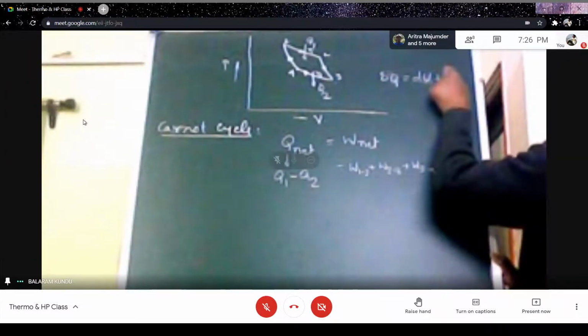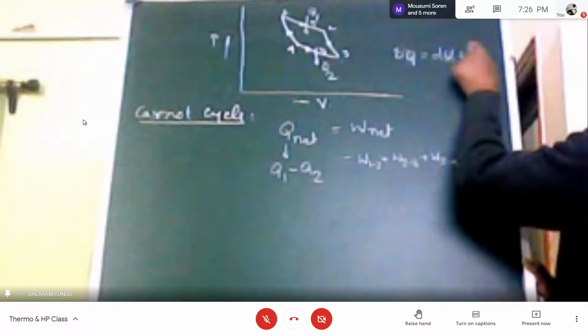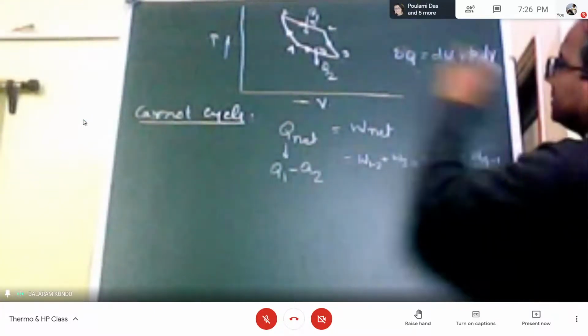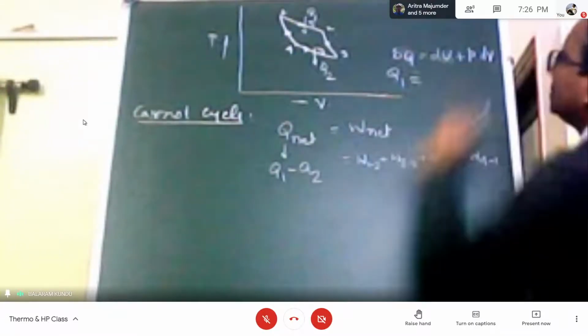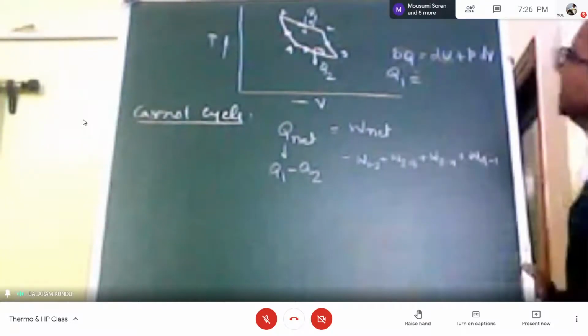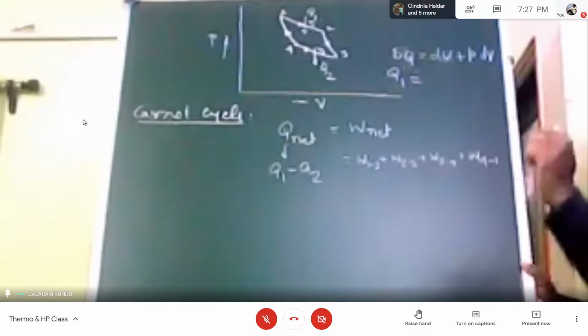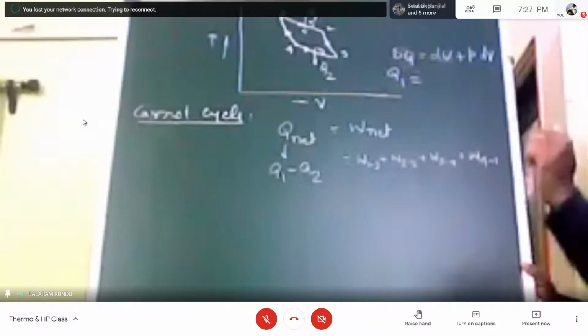So here we can write dU plus PdV, then say del Q, and that should be equal to dU, the change in internal energy change.